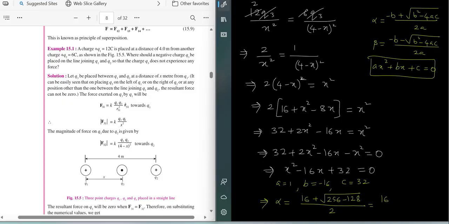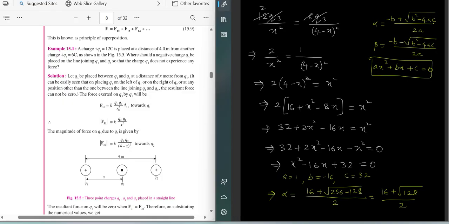So 16 plus, what is the square root of 128? 16 sevens are 112, 16 eights are 128, right? So this will be 128 divided by 2, which I will solve again.